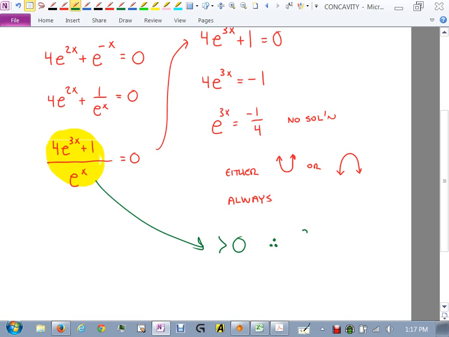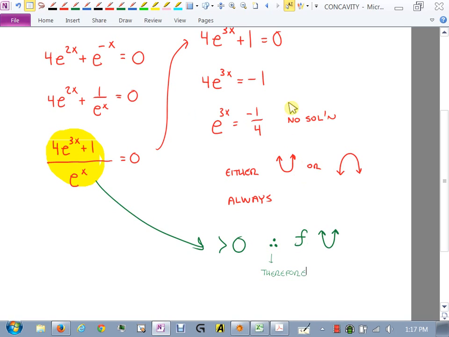Therefore, f is always concave up. Have I used the 3 dots, therefore? Yes? In case you've forgotten, this means therefore. Does that help now? It's always concave up.